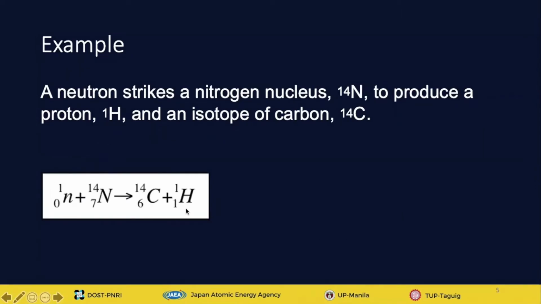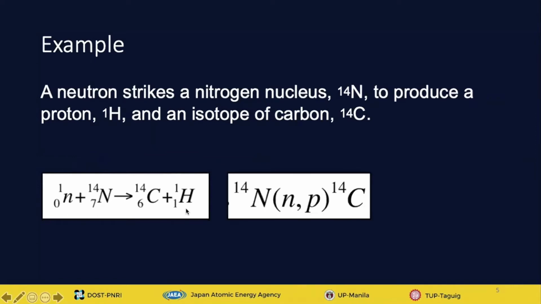Or, in shorthand notation, this can be written as our target nucleus nitrogen being bombarded with a neutron, producing carbon and a proton. Additionally, this nuclear reaction can also be described generally as simply a neutron-proton reaction.